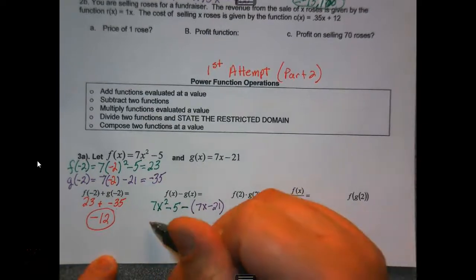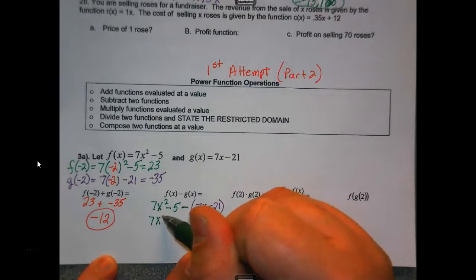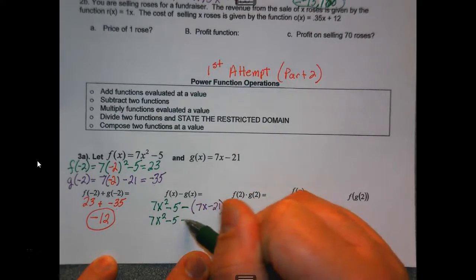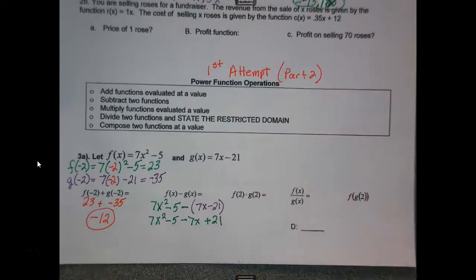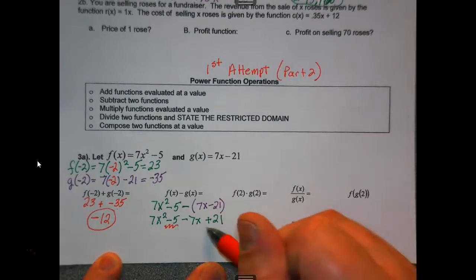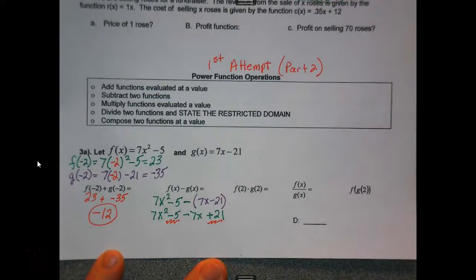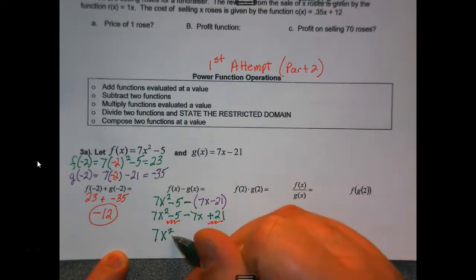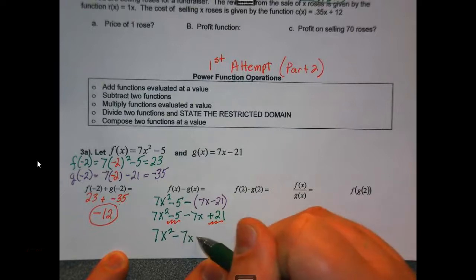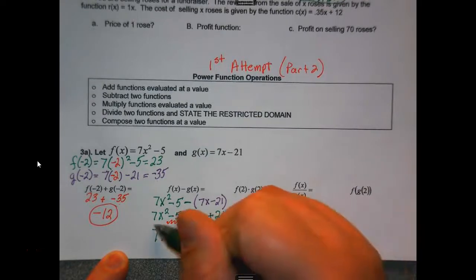Distribute my minus sign: 7x squared minus 5 minus 7x plus 21. We only have constants for our common terms, right? So I have 7x squared minus 7x plus 16.